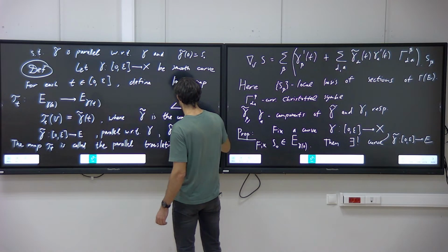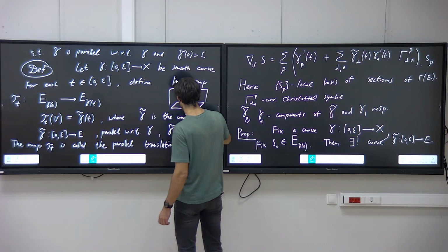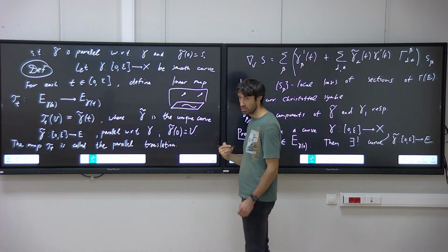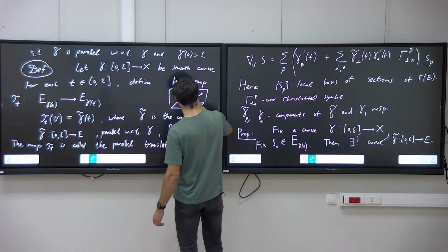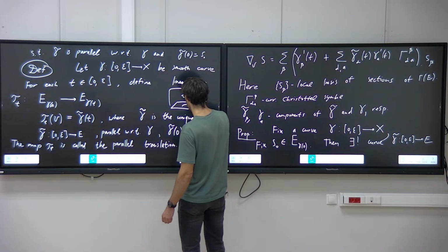So you have the base, you have a total space here, and a vector in here. You would like it to translate to here along a curve in the base. So what you do, you consider, using this proposition, a curve in the total space which is parallel with respect to this one.